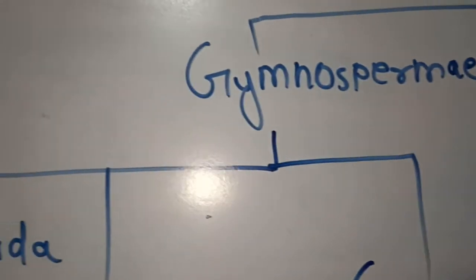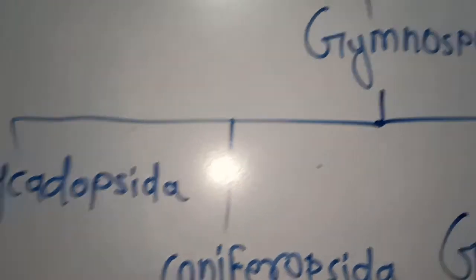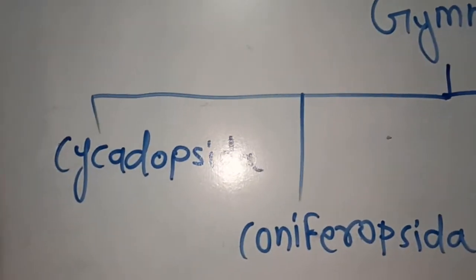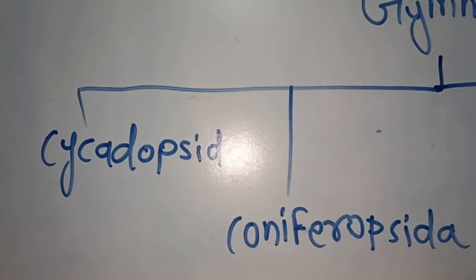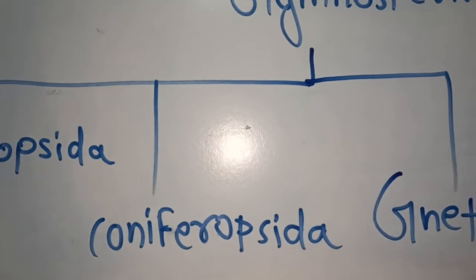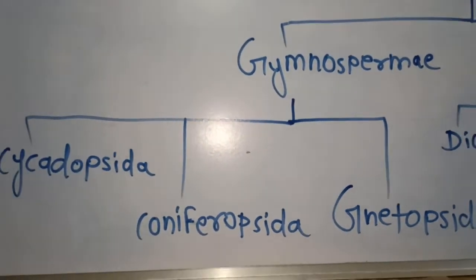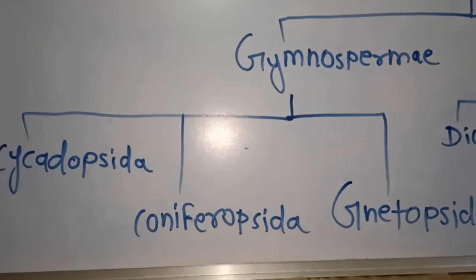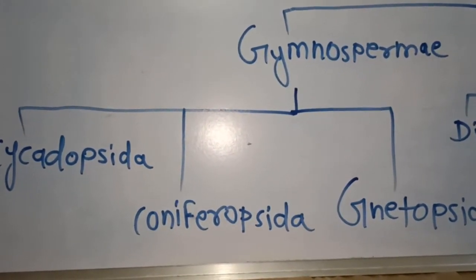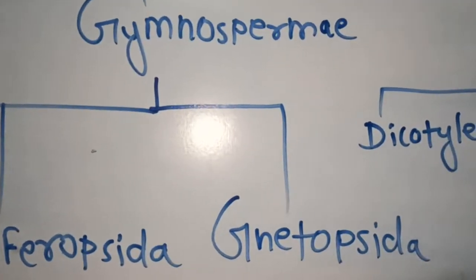Here are the further subdivisions of gymnosperm. These are three: Cycadopsida, Coniferopsida and Gnetopsida. These are the subdivisions of the gymnosperm subdivision.